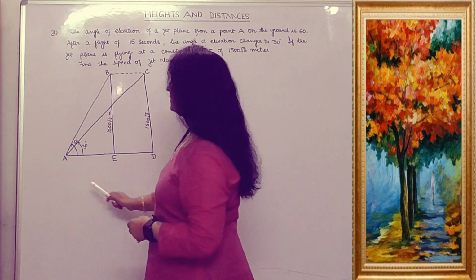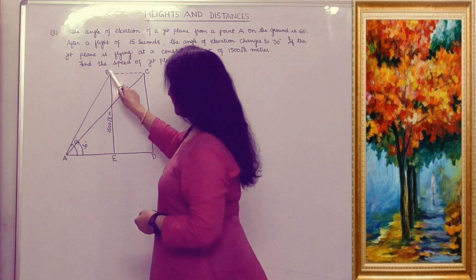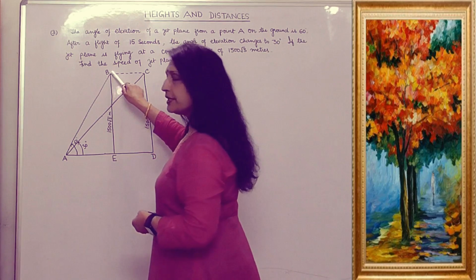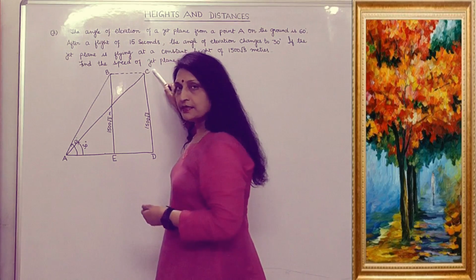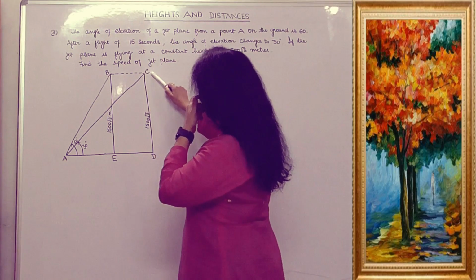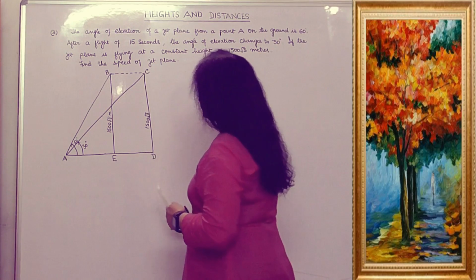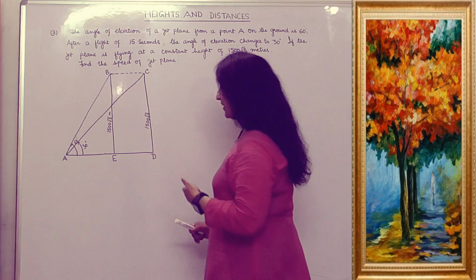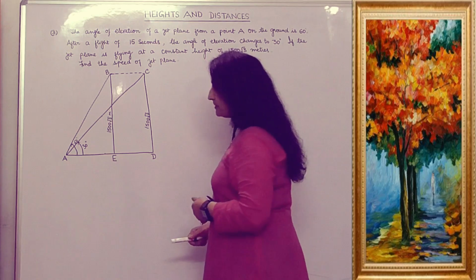In this given figure, A is the point of observation, B is the initial location of the jet plane, C is the final position of the jet plane, A, E, D are the points located on the horizontal line of the eye of the observer.